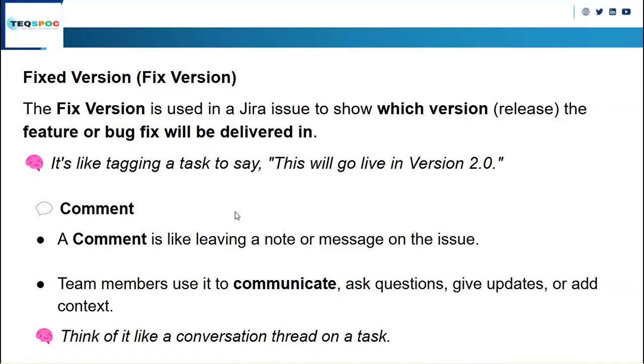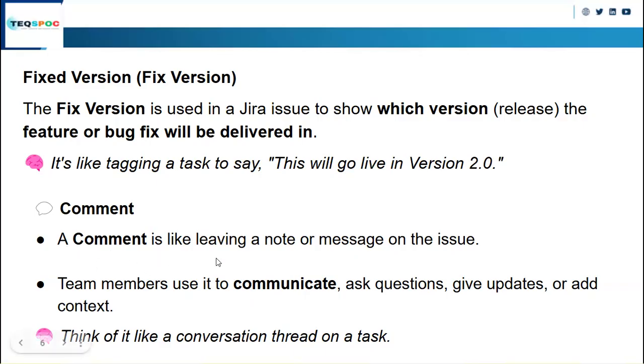Now, similarly, we have a comment. Like in user stories, two or three developers are working. If one developer has updated something or made a small change in a user story, how will the other person know? So you can write a comment inside a user story. There is a comment option there.